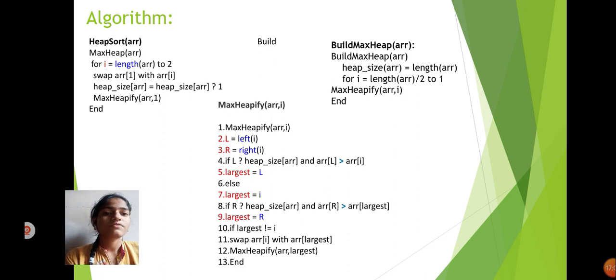And if largest is not equals to i, swap: if the root node is not the largest, then swap it with the array of largest element, then max heapify again, calling max heapify on largest and checking the condition.